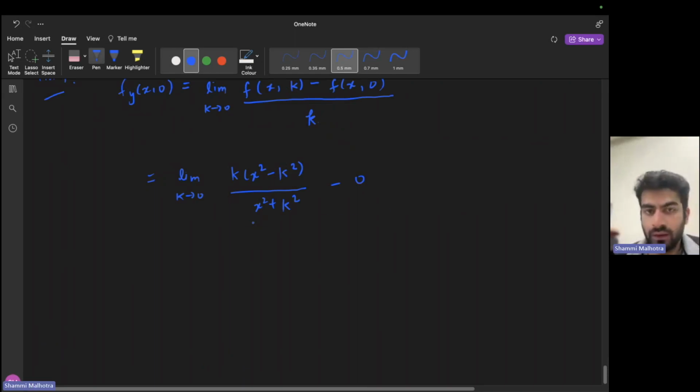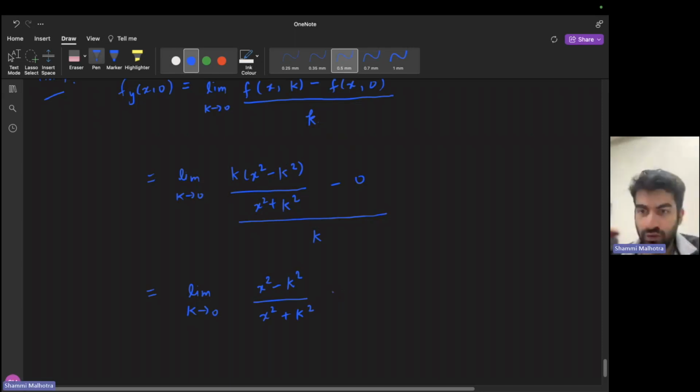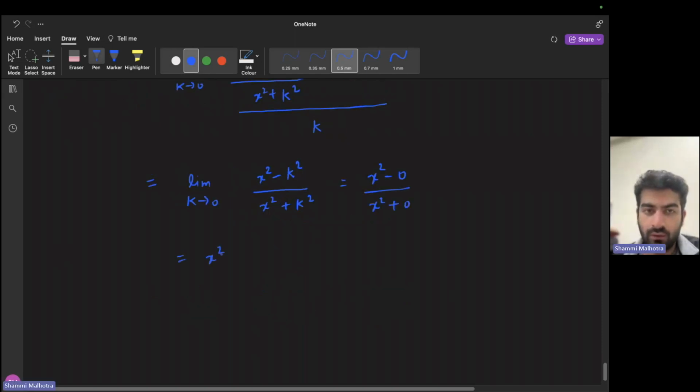If I simplify this, I get the limit as k tends towards 0 of (x square minus k square) whole divided by (x square plus k square). As k tends towards 0, this limit becomes (x square minus 0) divided by (x square plus 0), which is just x square divided by x square, equal to 1.